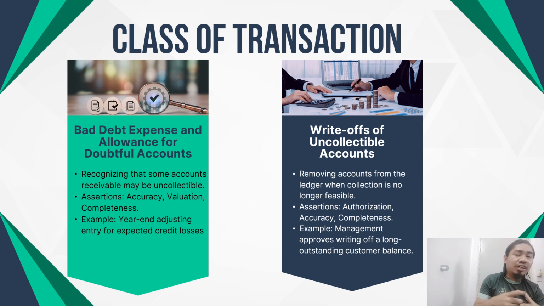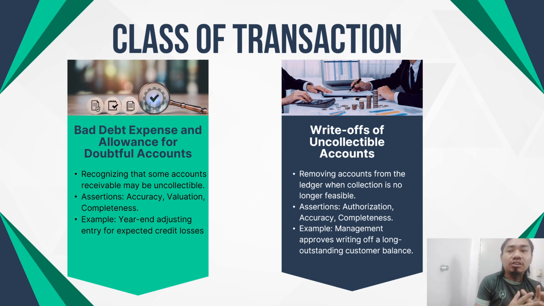Sometimes they record more and sometimes less. Also valuation: are the receivables recorded at their net realizable value? And completeness: have all the necessary adjustments been made? Example, management makes a year-end adjusting entry to estimate future credit losses based on historical collection patterns and economic conditions.